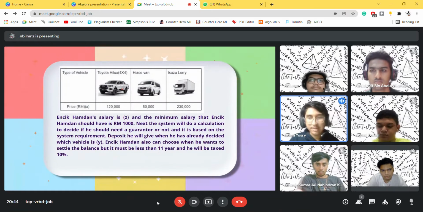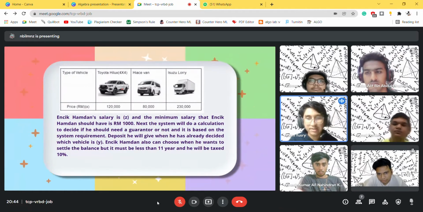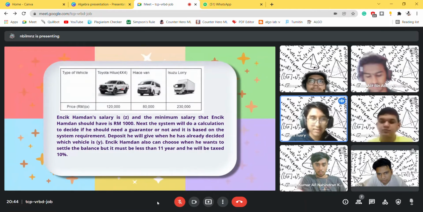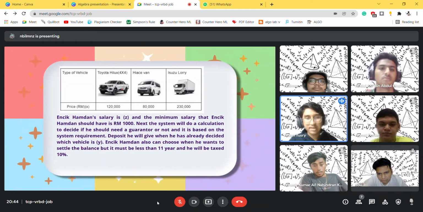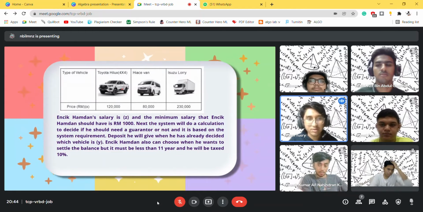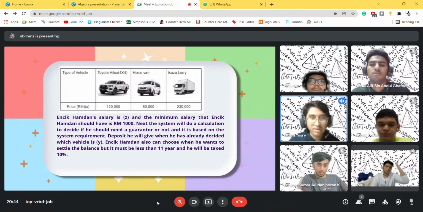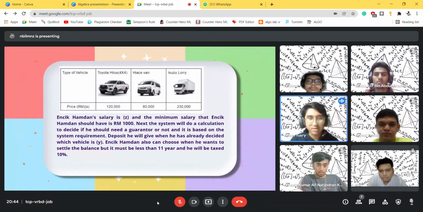The table shows the type of vehicle and the price of each vehicle, and the prices can be represented by X. Encik Hamdan's salary is Z, and the minimum salary that Encik Hamdan should have is 1,000. Next, the system will do a calculation to decide if he needs a guarantor or not, based on the system requirement that we already decided.